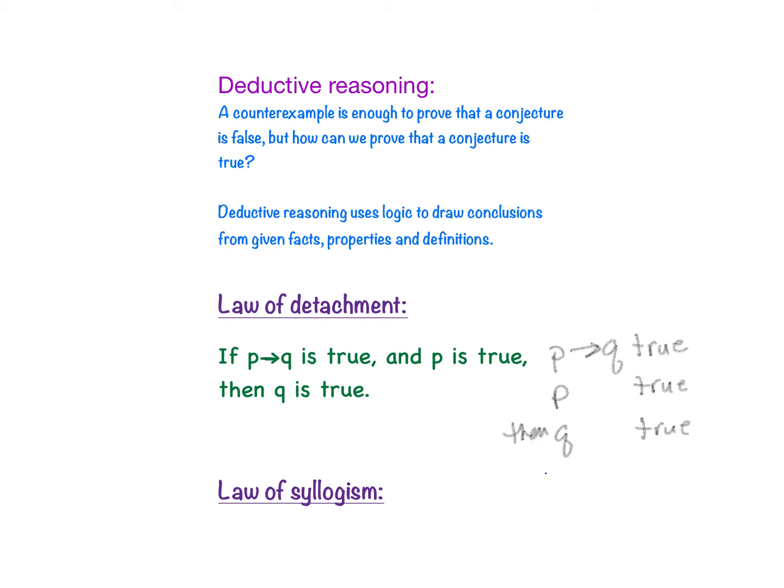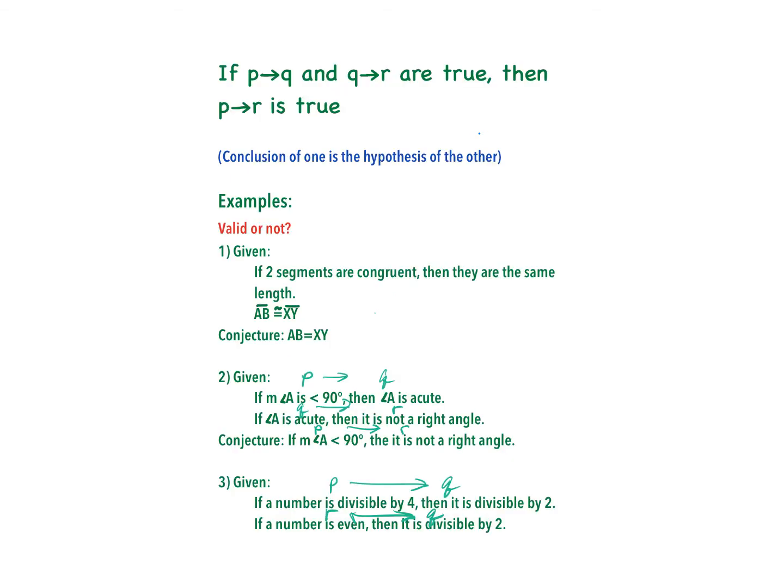So the law of syllogism, you can see that it's set up like the law of detachment. It states that if P then Q is true and Q then R is true, then if P then R is true.